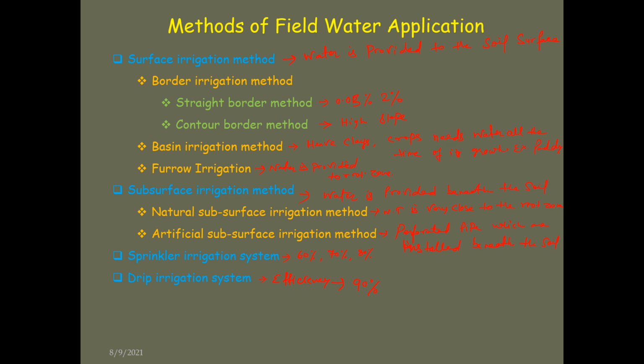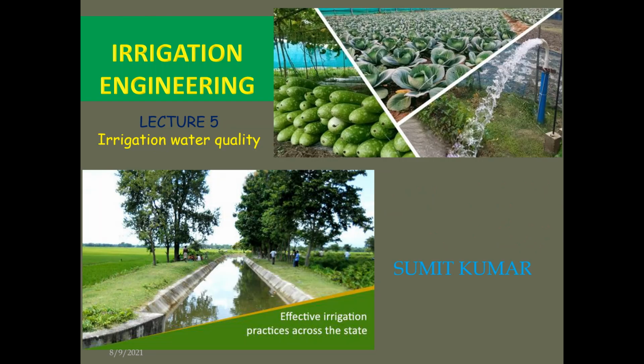So the quality of water becomes of utmost importance for agriculture. We should know the quality of water before applying it to the crops. So in today's class we will study the quality of irrigation water.